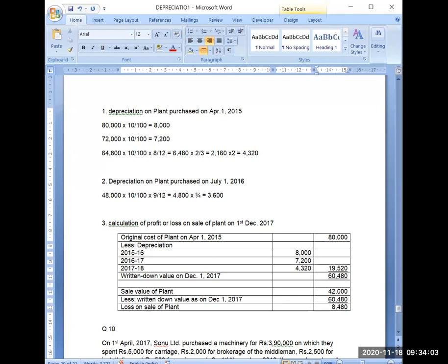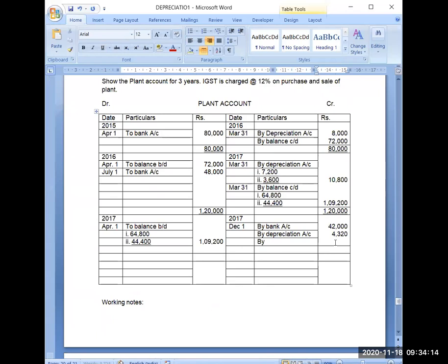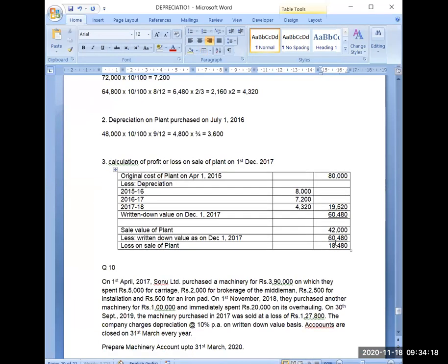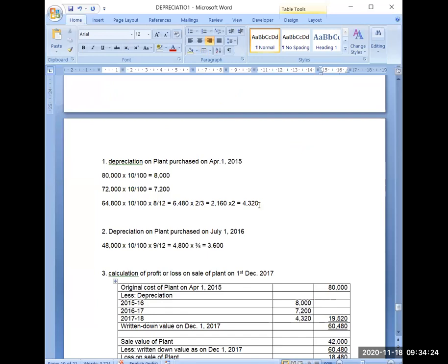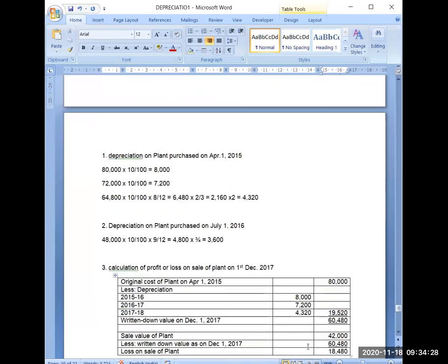And 5 minus 4, 1. It should be 18,480. So now I will write this amount here, 18,480. So this way you should always give proper working notes in your answers. Each and every calculation for depreciation, for losses, for each and everything, it should be clearly mentioned.